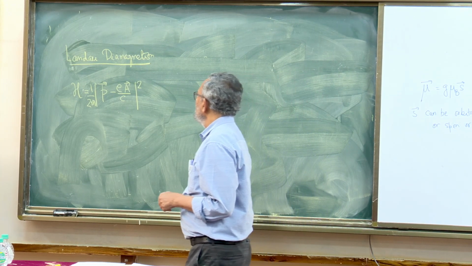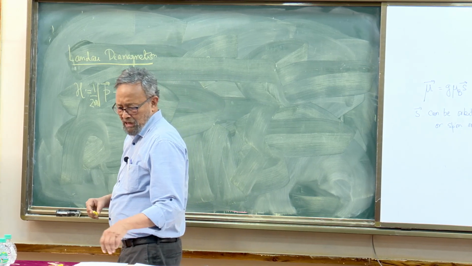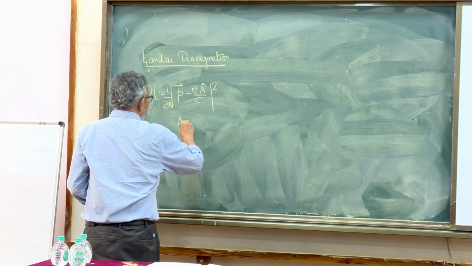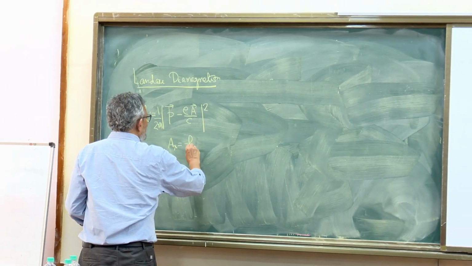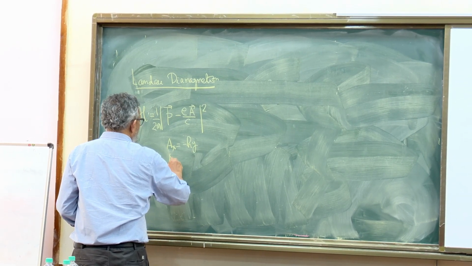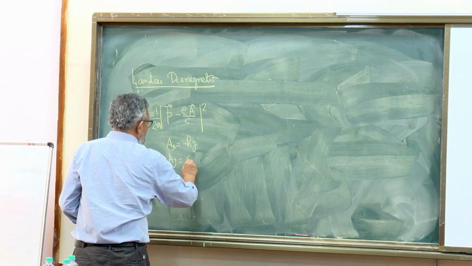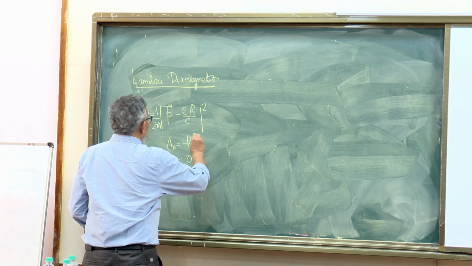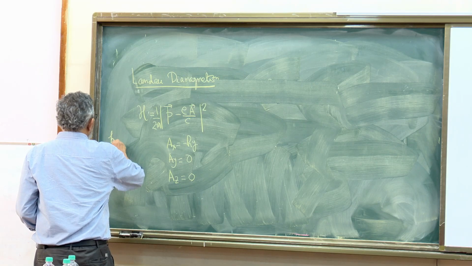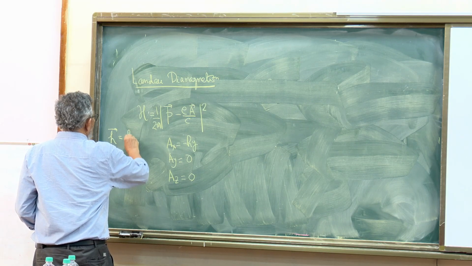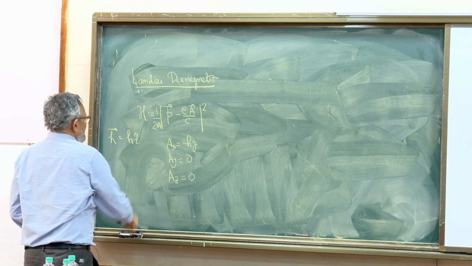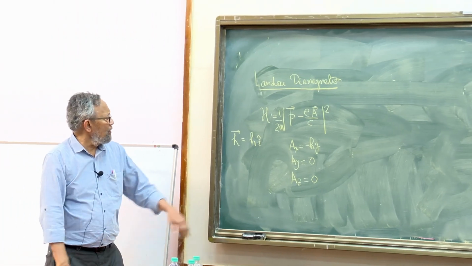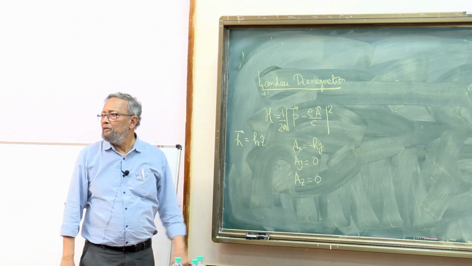Now, we have to choose a gauge, and the gauge that I choose is A_x equals minus H y, with H unit vector in the Z direction. So del cross A will again give you the Z direction.